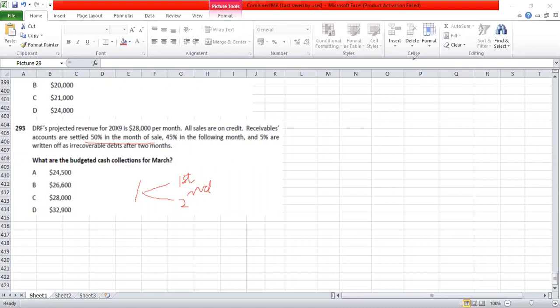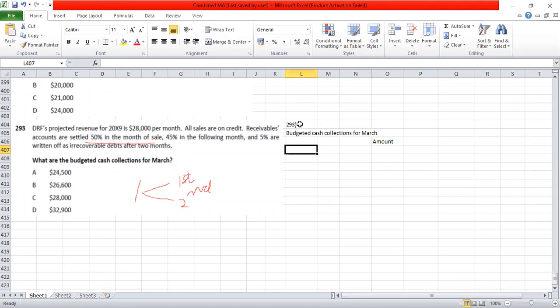Question number 293 talks about cash collections. So anyway, in March, a percentage of it will be collected. March sales are how much?